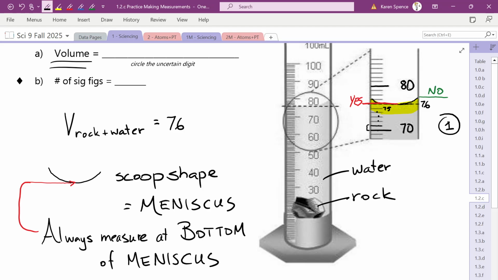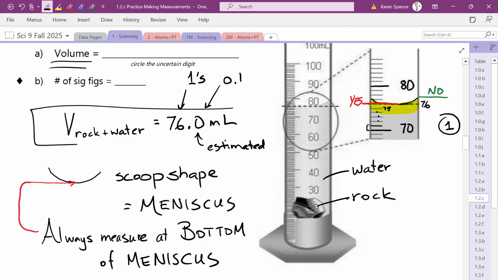What do I need in addition to the 76? Matthew? I need another 0 because that's my ones position. Because each line is a 1, I need to go 1 more than that. I need to go to the 0.1. So that's our estimated digit, and that is milliliters.